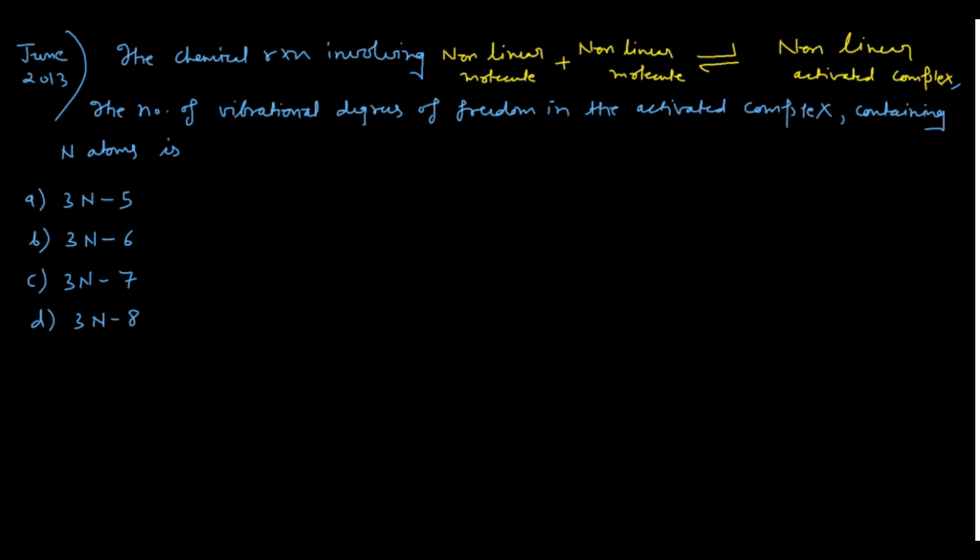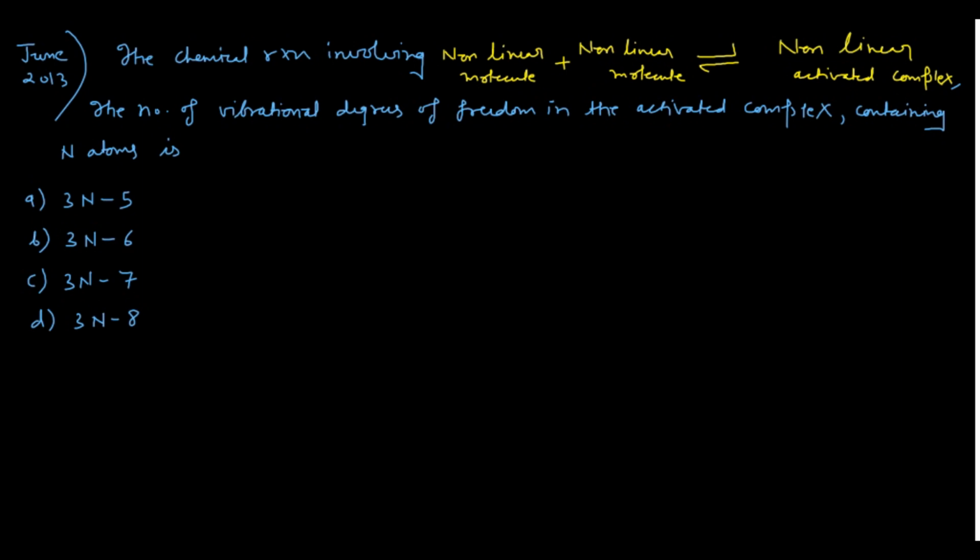So out of the vibrational degrees of freedom, one will convert into a translational degree of freedom. That means you have to subtract one vibrational degree of freedom from the formula of the vibrational degrees of freedom for a non-linear system, right?